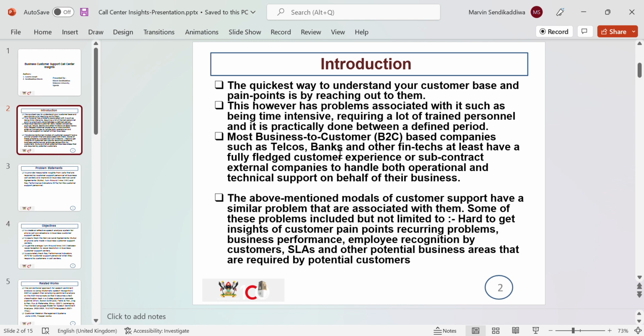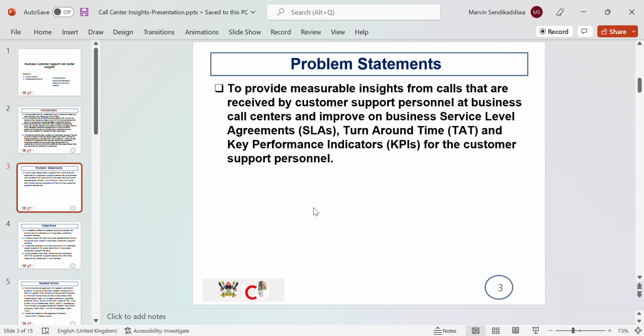Our problem statement is to provide measurable insights from calls that are received by customer support personnel at business call centers and improve the business service level agreements, the turnaround times, and the key performance indicators for the customer support personnel.